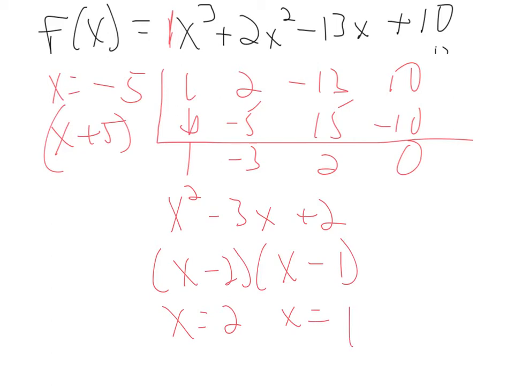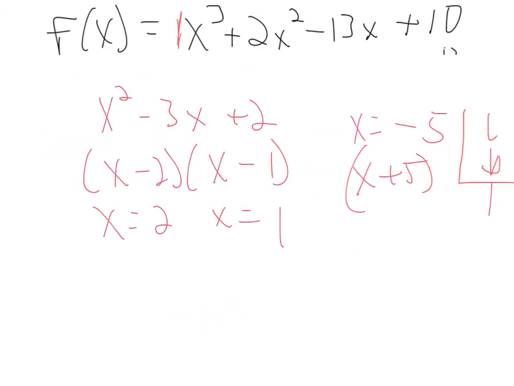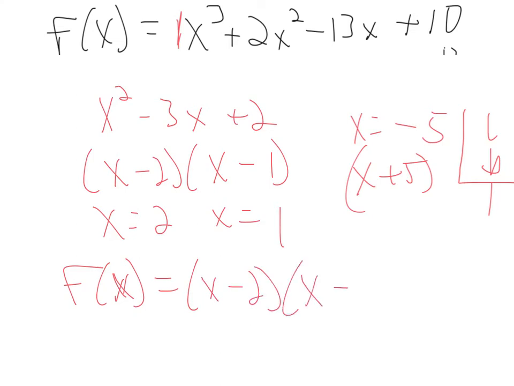So here's what I'm seeing. I am seeing 2 positive rational roots. I'm seeing 1 negative rational root. And so we know that confirms what Descartes' rule of signs told us. So we need to write finally a factored polynomial for all this. So I know that f of x has to equal x minus 2 times x minus 1 and x plus 5.